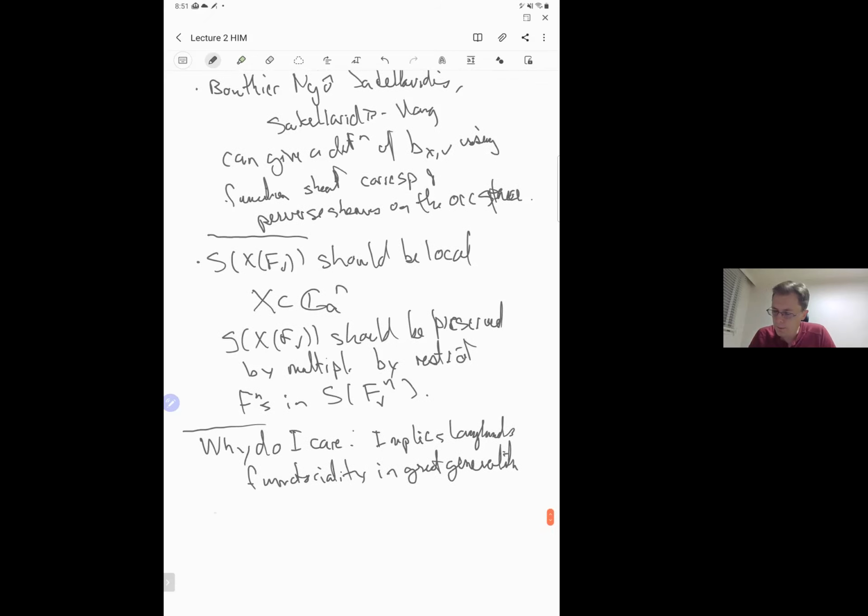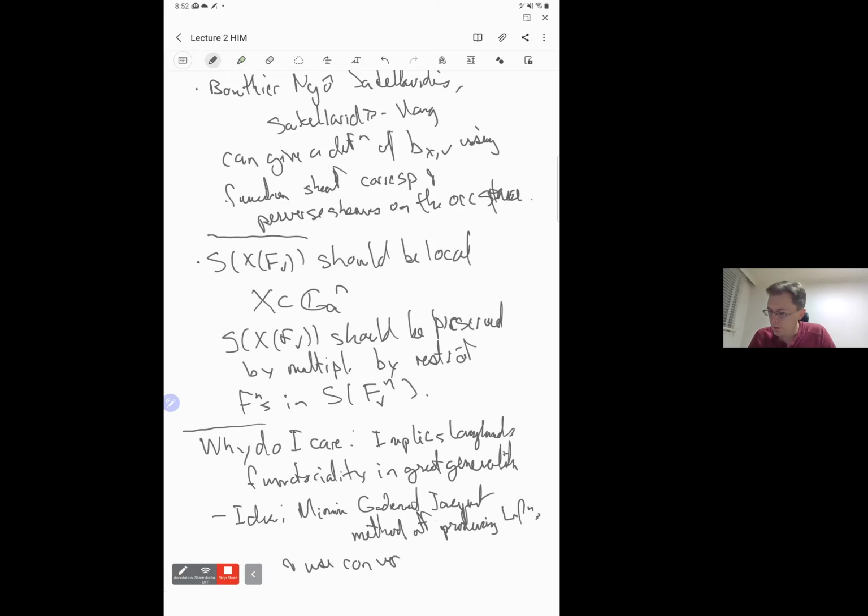And the idea is that you can mimic the Godement-Jacquet method of producing L-functions and use converse theory.